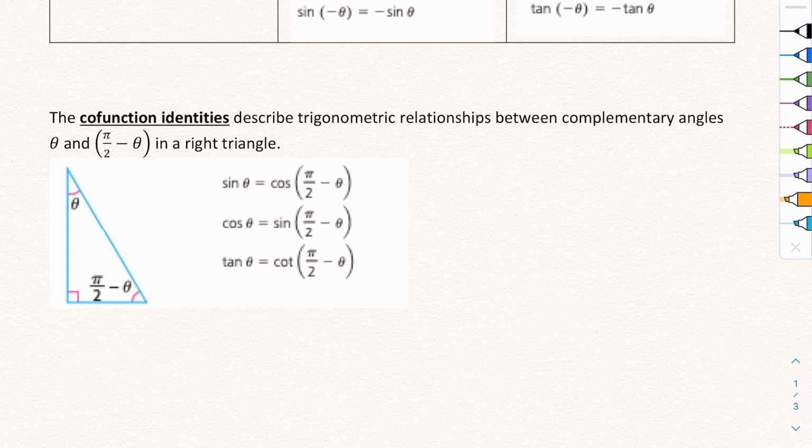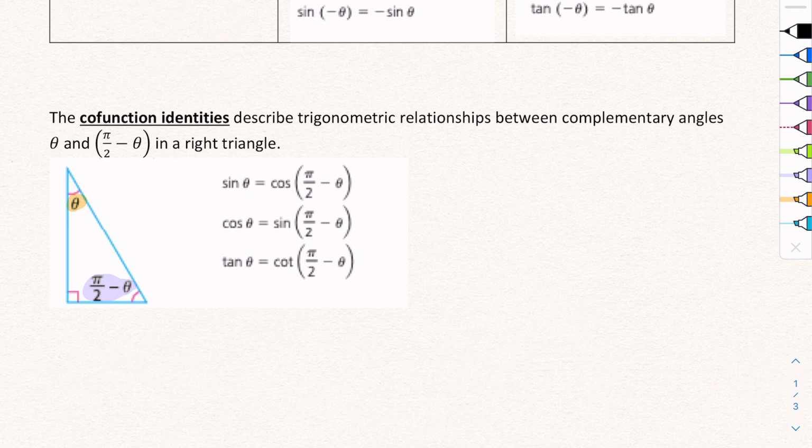So if we look at theta and we look at pi over 2 minus theta, sine of theta, remember sine uses the opposite over the hypotenuse, so that would be cosine of pi over 2 minus theta.